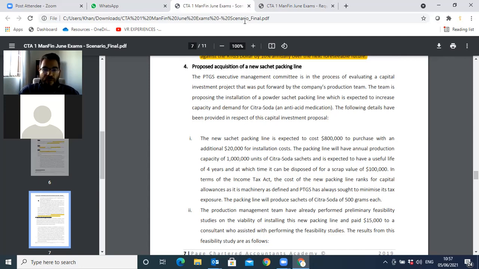Okay, so point one. The new sachet packing line is expected to cost $800,000 to purchase, with an additional $20,000 for installation costs.